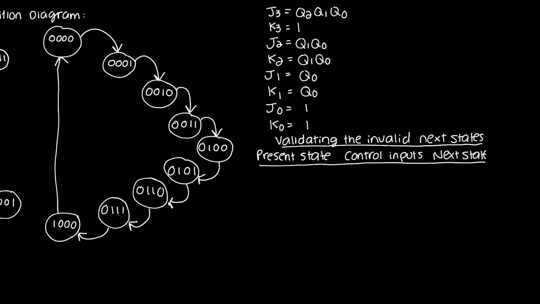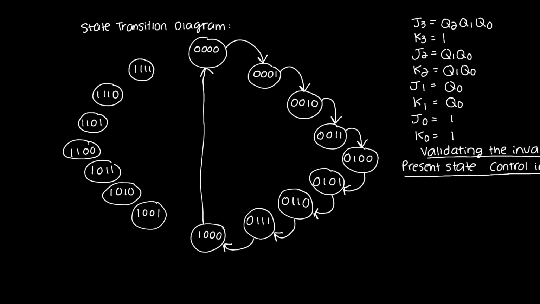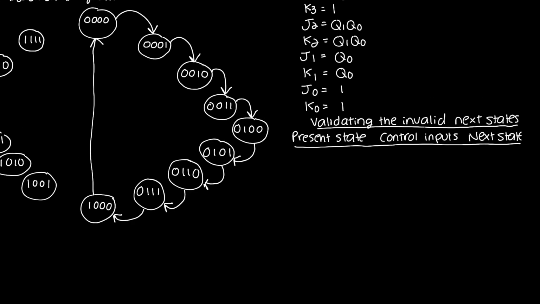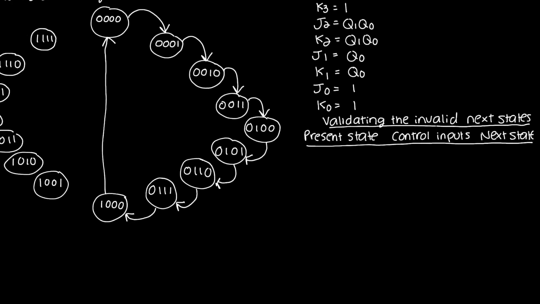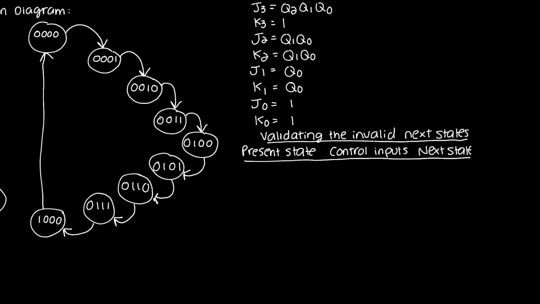I've got a present state, and I'm only doing this for my invalid states, anywhere from 9 all the way to 15. I am going to figure out what the control inputs are based on these Boolean expressions, and then determine based on that what the next state is. So let's see how that looks. My present states, I have Q3, Q2, Q1, Q0. My control inputs, I have 8 of them.